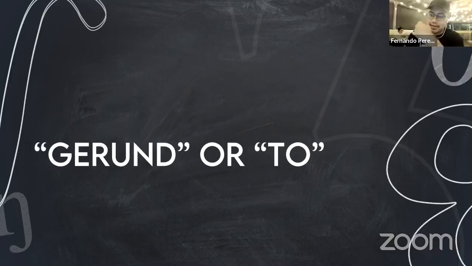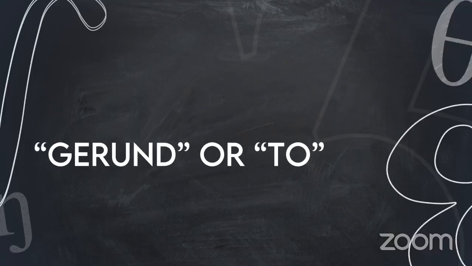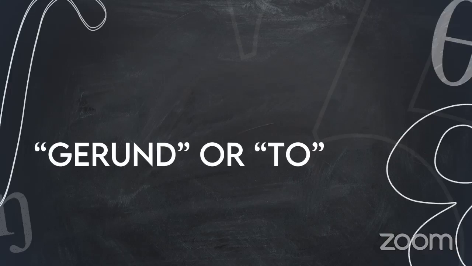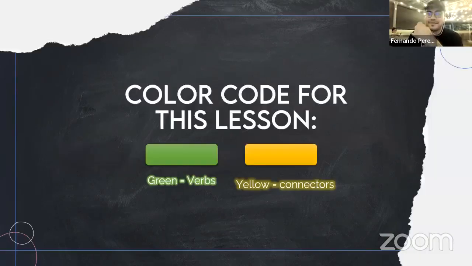Yes, excellent. With green, we represent verbs. And what do we represent with color yellow? That was a tricky question. Connector. Karen, you are correct. We use connectors with color yellow. So these are the requirements for this lesson.